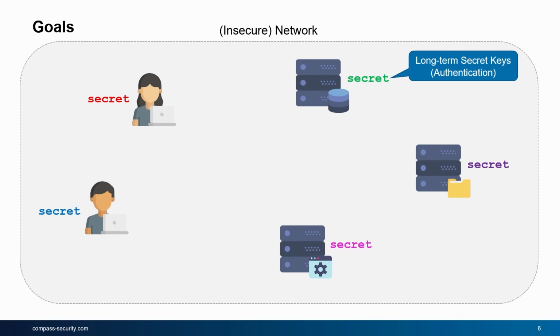This is achieved by integrating Kerberos into the Active Directory environment and taking advantage of the fact that every account or every user in every system in an Active Directory already has a password assigned, and for Kerberos, the initial secrets for each participant are simply derived from the account password that this user or machine already has. This is then called the long-term secret or long-term keys, which are used for authentication purposes.